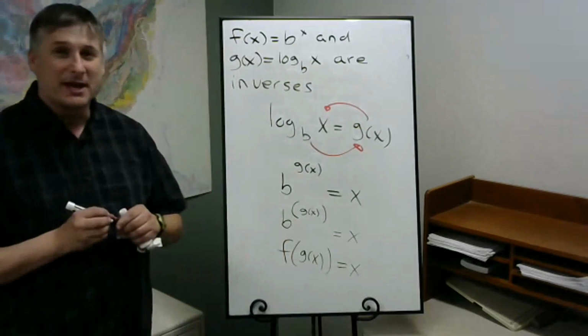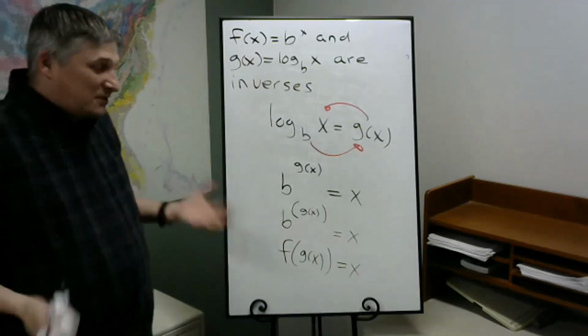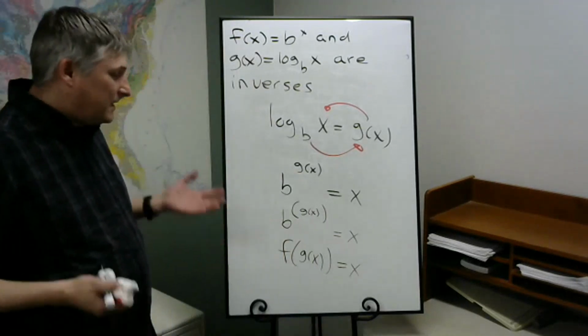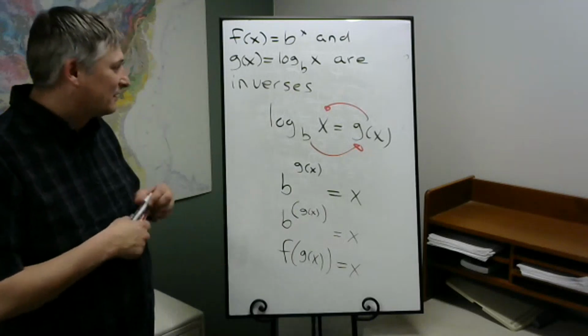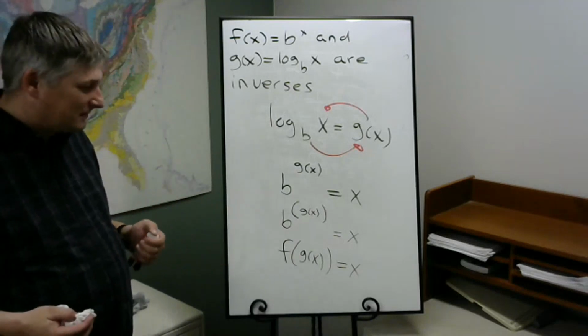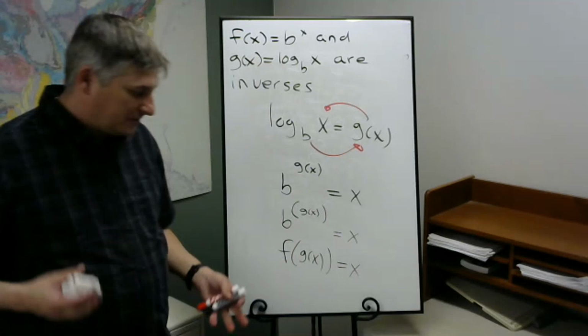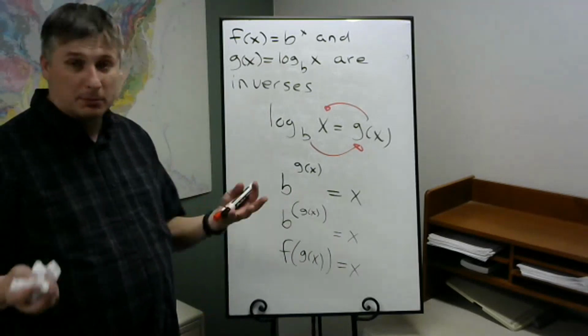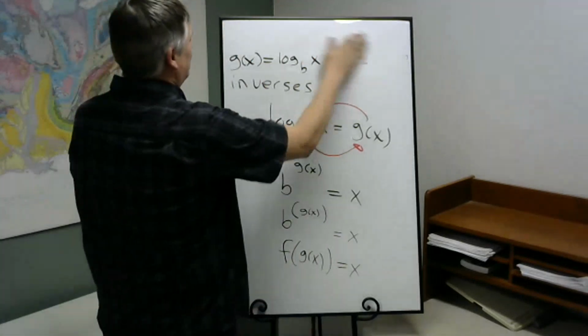And that's also equal to x. So this is just another way of verifying that these are inverses of each other. All right. So that being the case, since they undo each other, we're going to get a couple properties here.